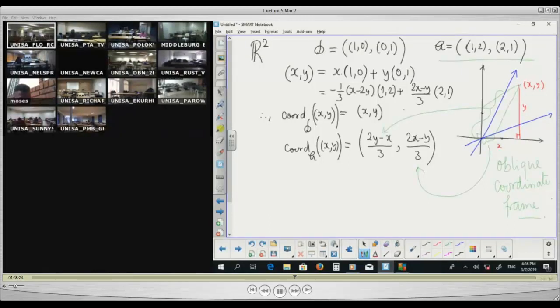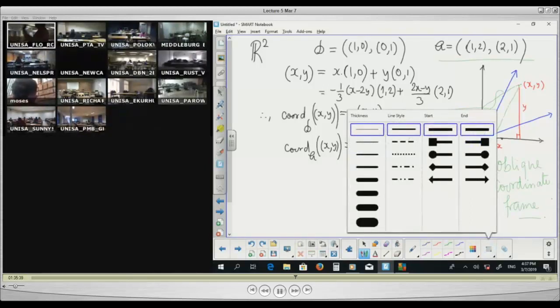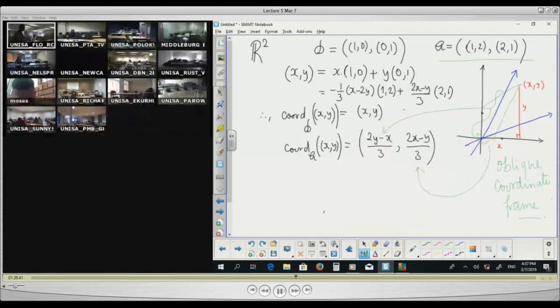So here is the starting point. You see now that the same point xy, with respect to different coordinate frames, can have different coordinates. Okay, so the notion of coordinates is very much with respect to a basis. It is up to a basis.